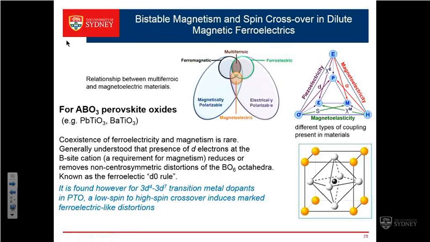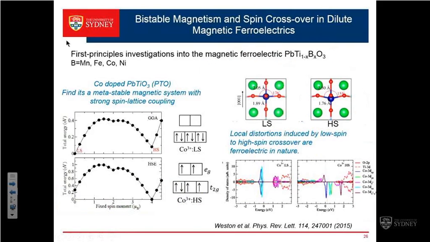However, some new materials have been found which exhibit both ferroelectricity, so you apply an electric field and the position of your atom changes, but also it exhibits a crossover behavior.